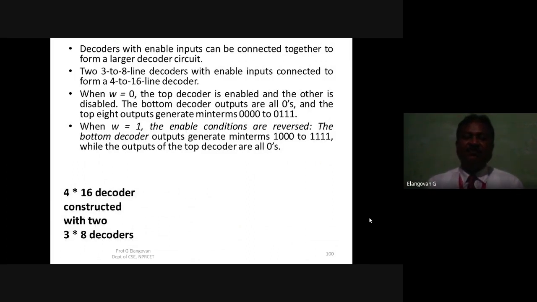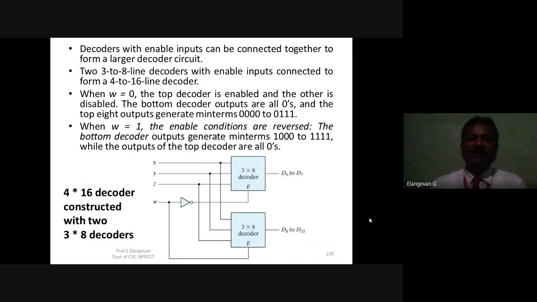In similar fashion, we can go for a 4 to 16 decoder, and 5 to 32. We can keep on extending this operation. And another thing is, with the available lower order decoders, we can design the higher decoders. That is, if you have 3 to 8 decoders, we can construct a 4 to 16 decoder. Simply imagine there is a 3 to 8 decoder on top and one at the bottom. We have the enable input.